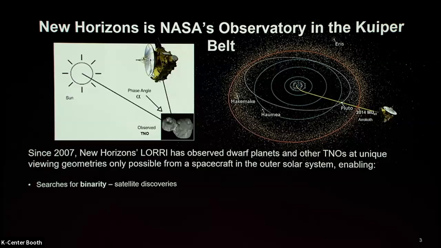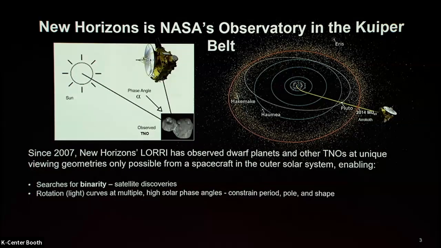So as New Horizons is NASA's observatory in the Kuiper Belt, what we like to look at here is these objects at high phase angles. The phase angle is the angle between the spacecraft, the target, and the sun. And what this lets us do is accomplish many tasks. One of those would be searching for binarity, satellite discoveries, which New Horizons has done. It also enables measuring rotation curves, light curves at multiple high solar phase angles, and that can help determine what the periods, sizes, poles, and shapes are.